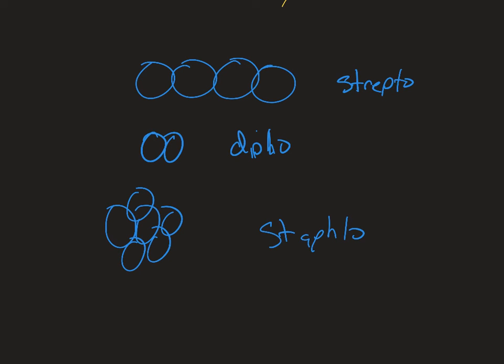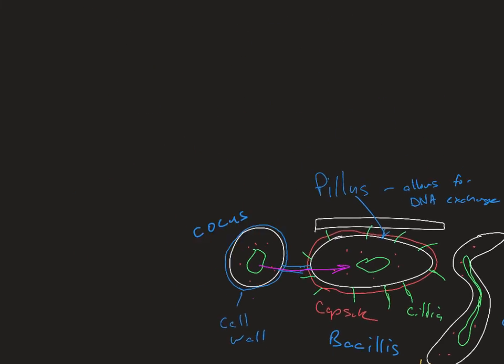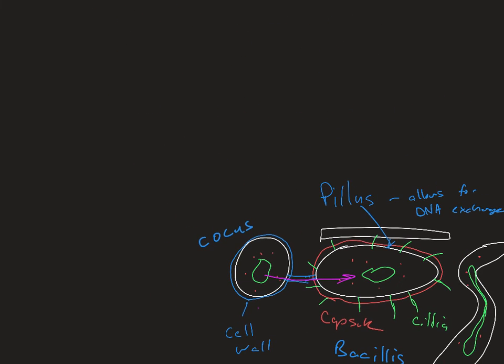You guys with me on this? Have you heard of staphylococcus before? Yeah. Staph infections? Oh, yeah. Staph is a cluster of circular bacteria. Staphylococcus. You guys with me on that?